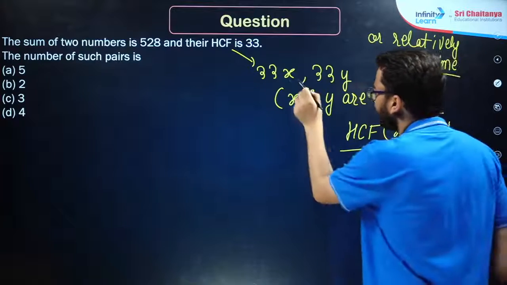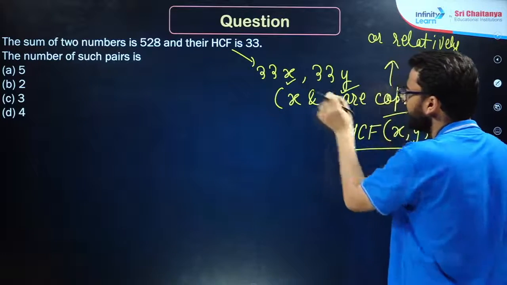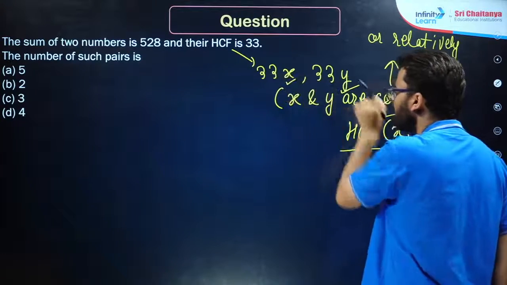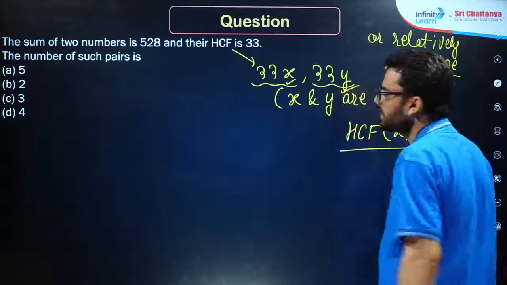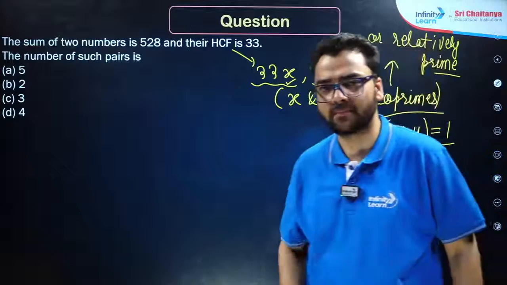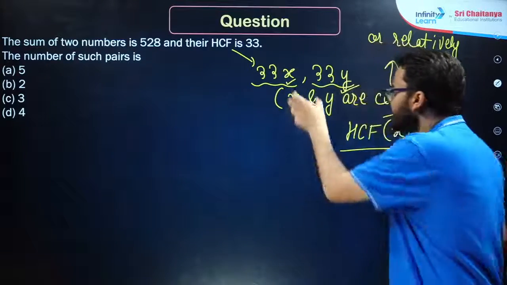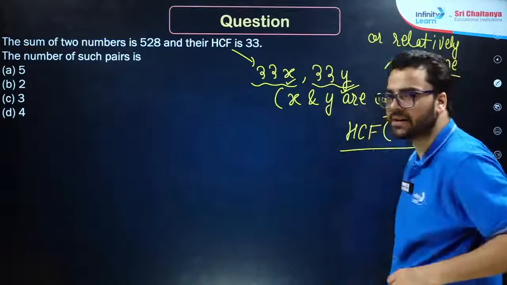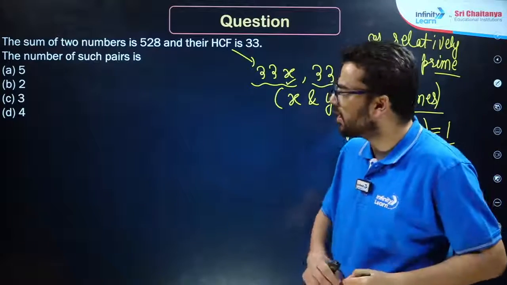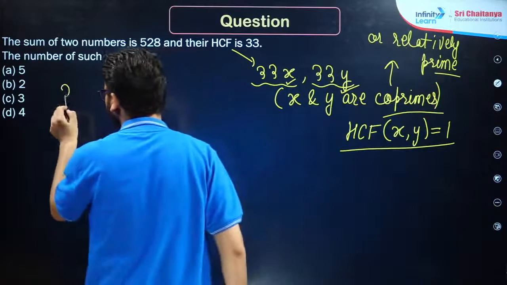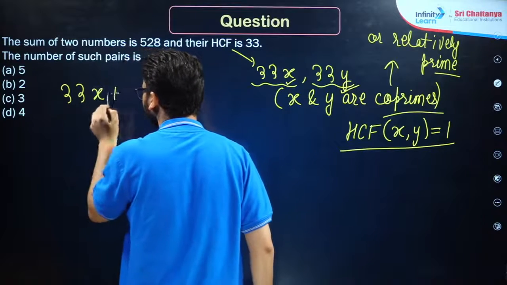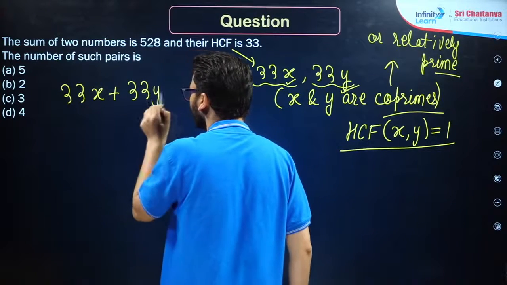So see, if x and y are relatively prime, the HCF of x and y is 1, then automatically the HCF of these two numbers will be 33, correct? Now it is given that the sum of the numbers is 528. So can we not say that 33x plus 33y is equal to 528?